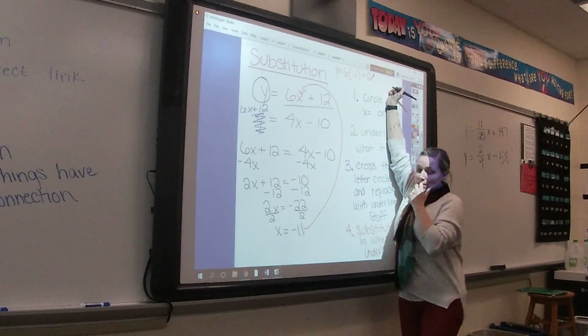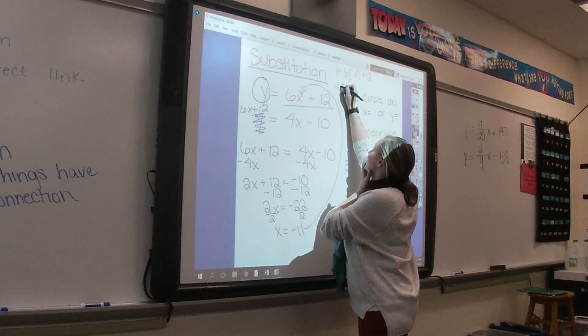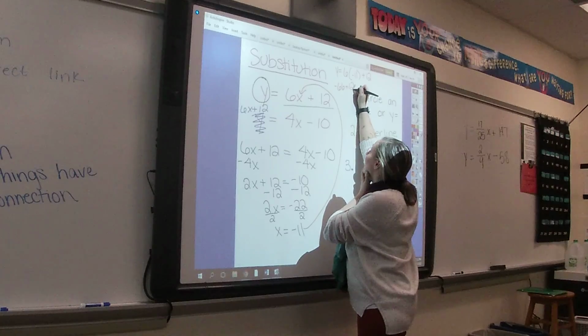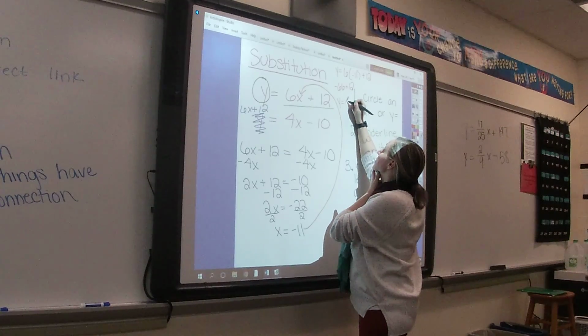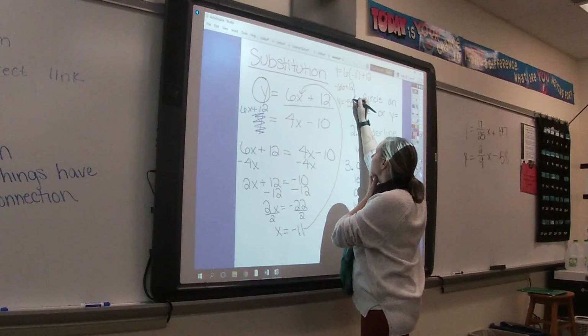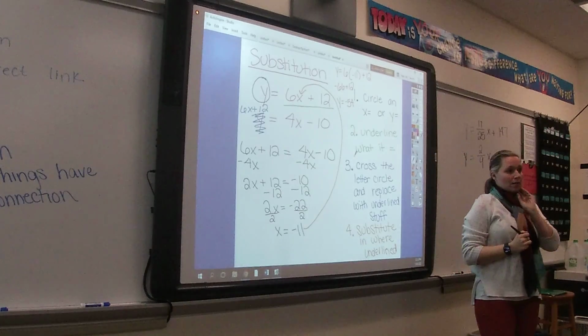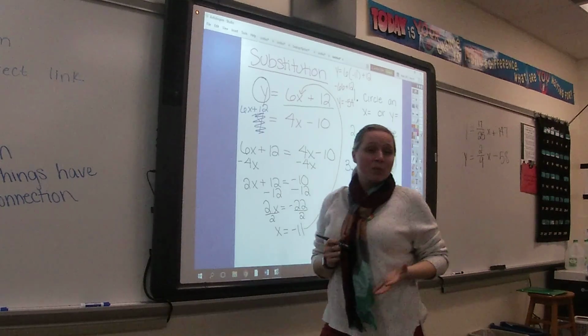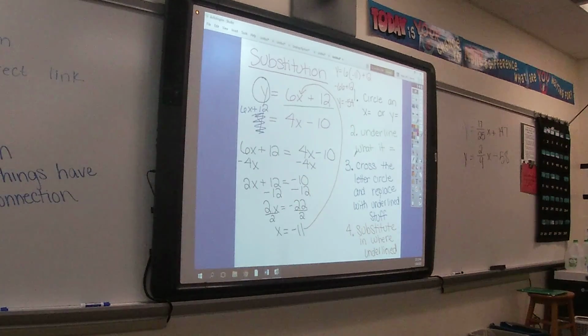So negative 66 plus 12, y equals negative 54. Do we have x and y? Yes. So if we say x equals negative 11 and y equals negative 54, we have the correct answer.